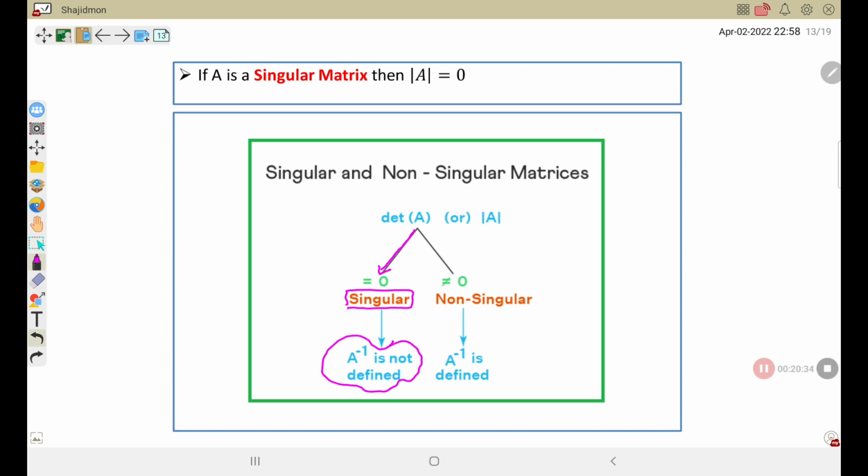If determinant of A is not equal to 0, that means it is non-singular, then we can find A inverse using the above method: 1 over determinant A, interchange the main diagonal, put the opposite sign on the off diagonal. So this is only for a non-singular matrix.